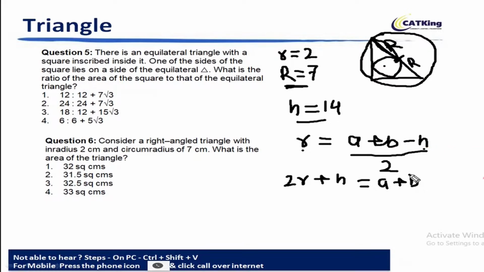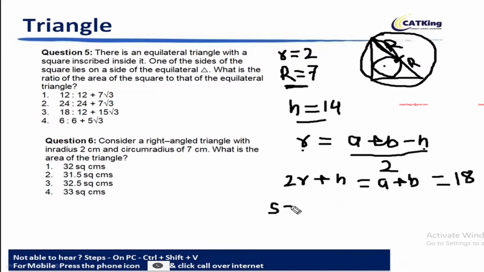Right. So r is 2, 2r is 4, and h is 14. So a plus b is equal to 18. Okay. So from here we can find out the semi-perimeter.